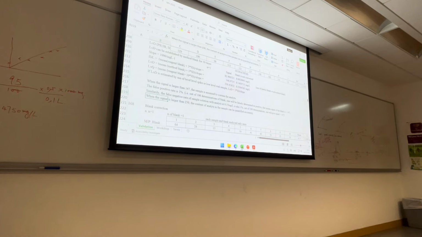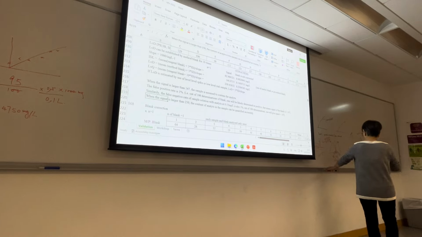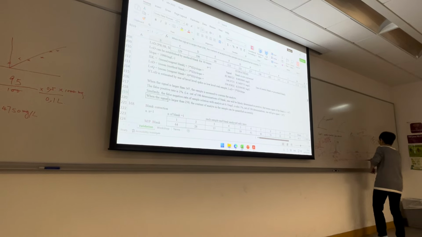Second example is blank correction. So up to here, when graphically plotted, it is easier to understand. So the x-axis here is the signal and also concentration.